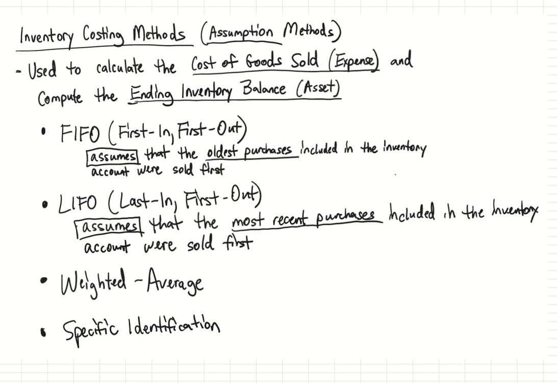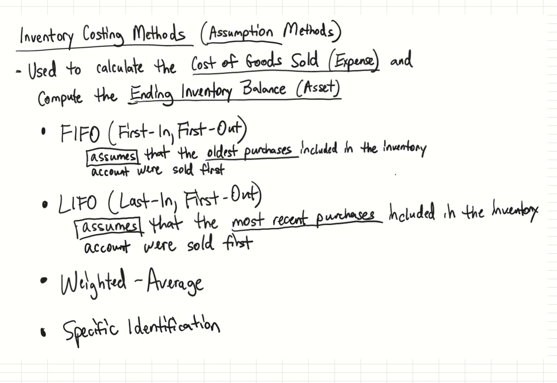You see that there's not a description here of weighted average. It could be better explained when I actually do an example, but I briefly touched on it. In order for you to figure out what the cost is going to be, you have to first figure out what the average cost per unit is going to be.